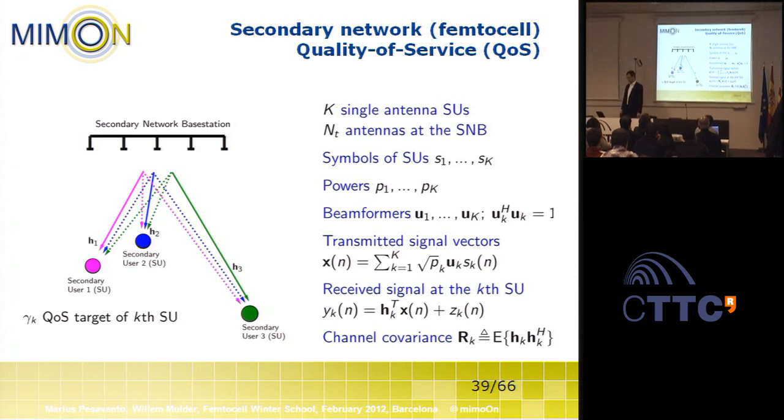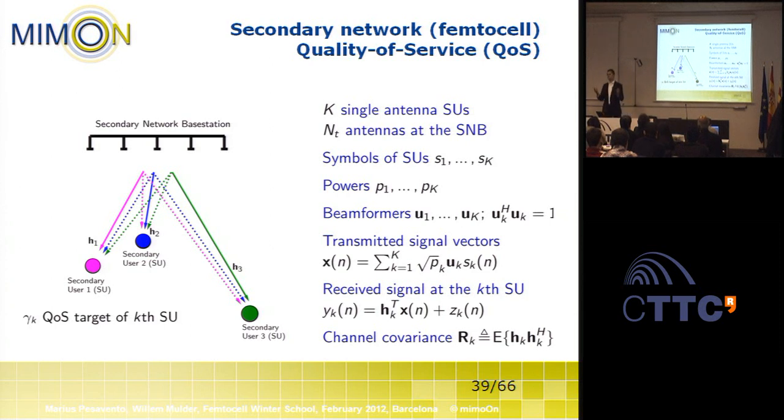So let us consider the case that we have K single antenna femtocell users. I will use the notation of cognitive radio here. Let's say in cognitive radio we have a reuse of the spectrum.